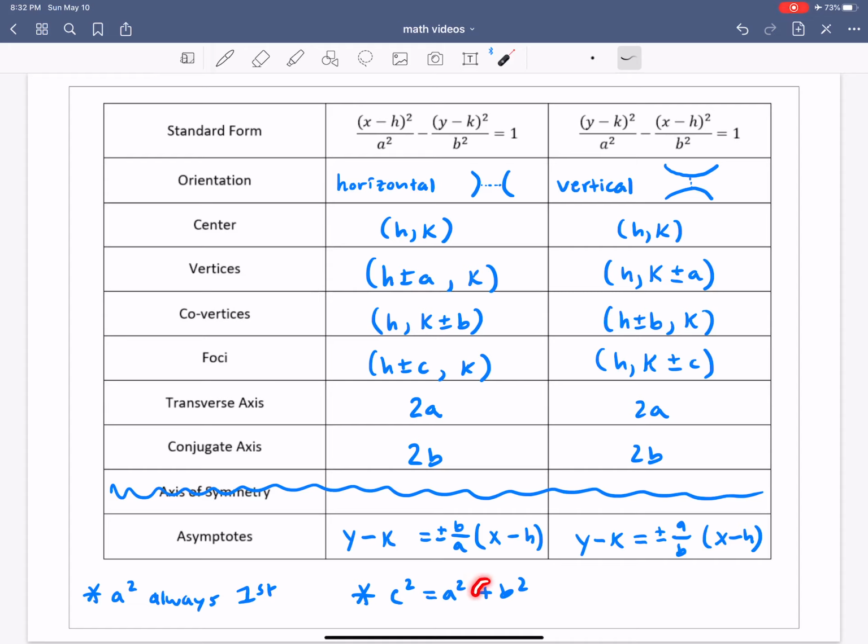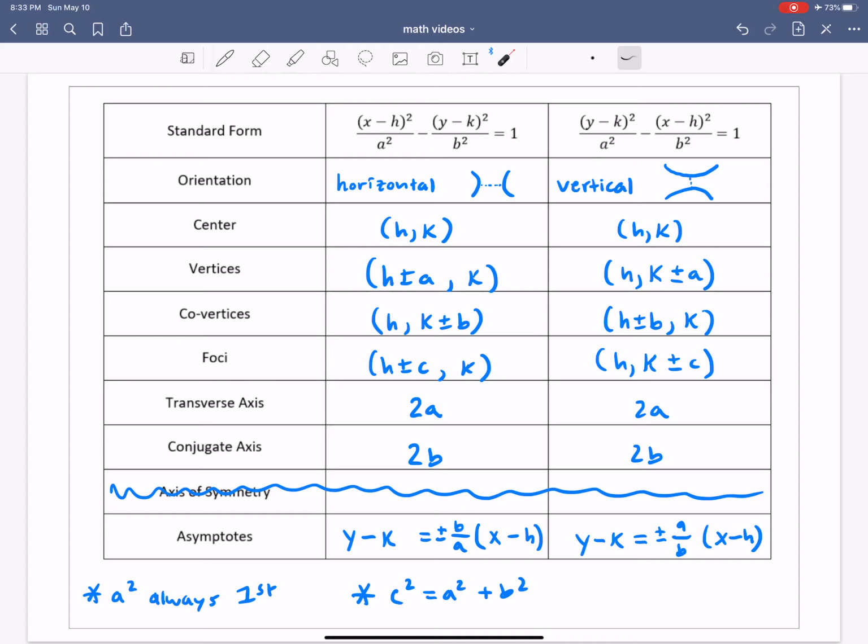Now, for the ellipse, remember that it was c squared equals a squared minus b squared. But again, this is one of the biggest differences between the two conic sections. To find c squared, you take the sum of a squared and b squared. So that is a quick overview of all of the nitty-gritty details of a hyperbola.